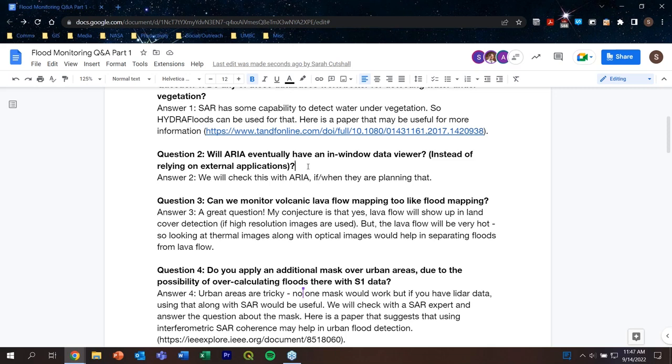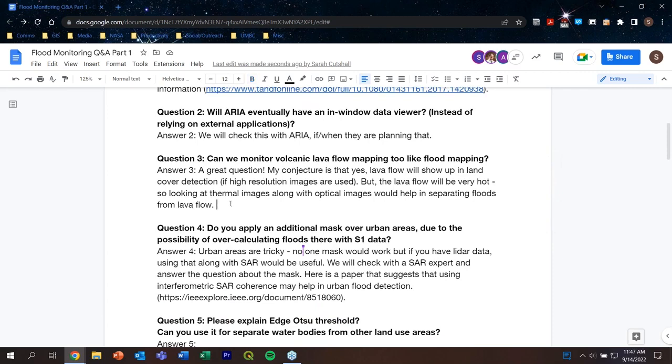So there's a question, can we monitor volcanic lava flow mapping too, like flood mapping? And I think that's a really good question. I have not looked at lava flow using satellite data yet, but my hypothesis or conjecture is that when lava flows over, say, a dry surface or any surface, of course, the land cover change should be detected by satellite imagery, if there is high enough resolution.